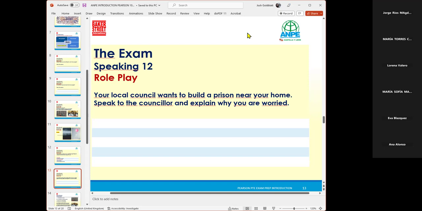Okay, we've got lots of lights and lots of security systems. So don't worry. And there'll be lots of police in the street as well, just to protect you. I'm afraid, but it's a bad decision to build a prison here. But if we build the prison, there will be more jobs.